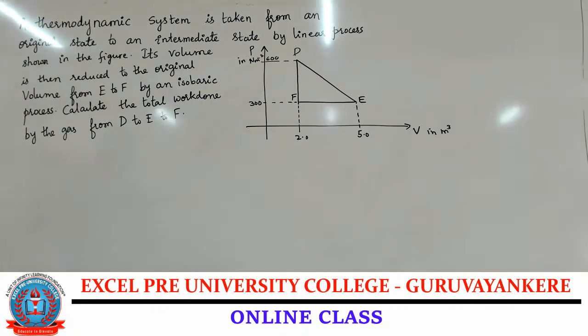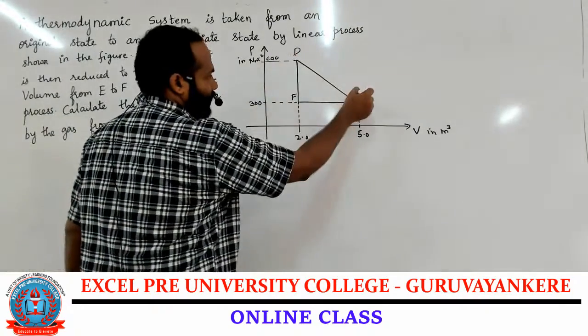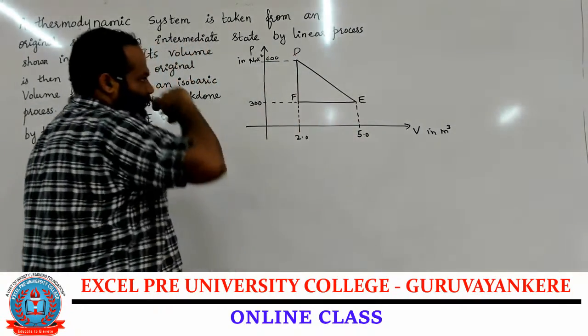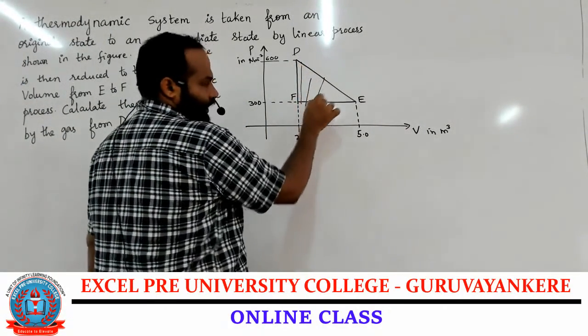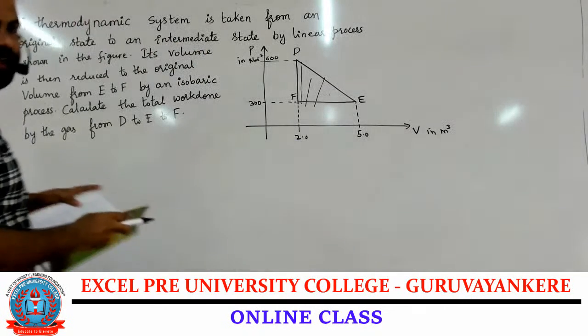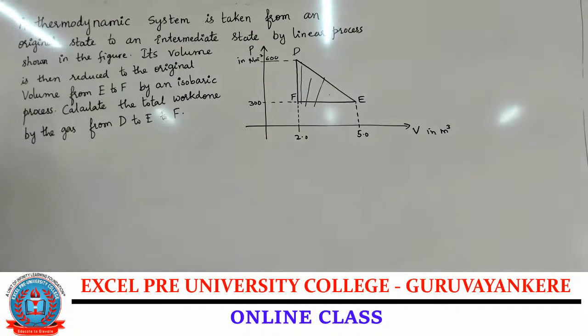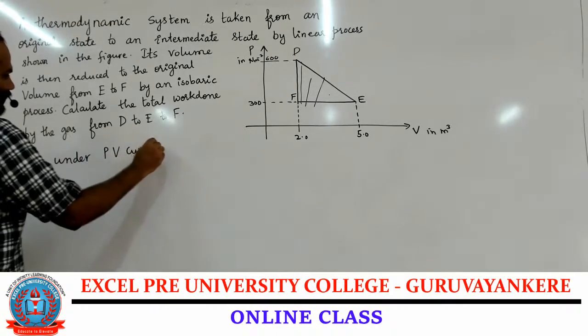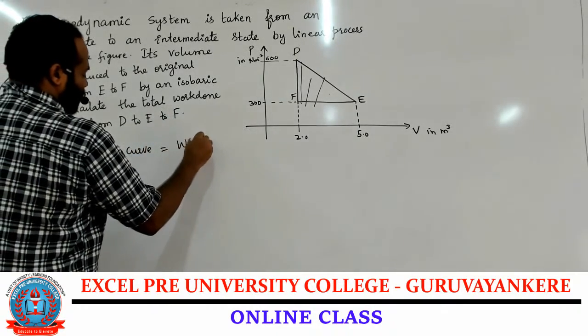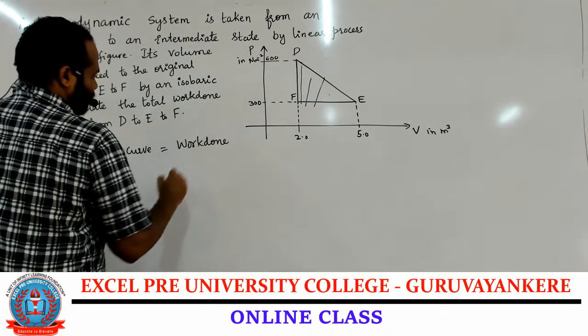D to E it goes, E to F it goes. So it covers this much of area. Remember, area under PV curve is the work done in a thermodynamical process.